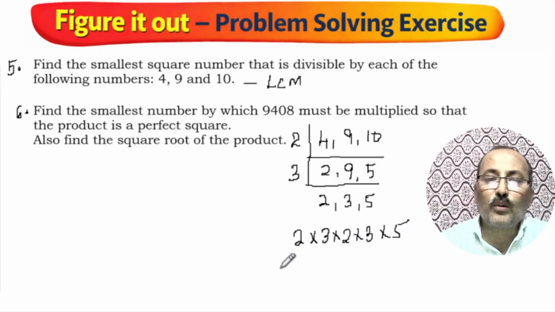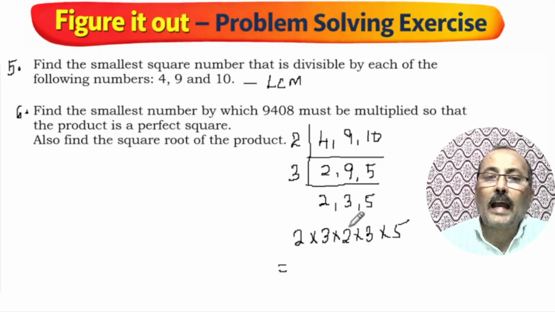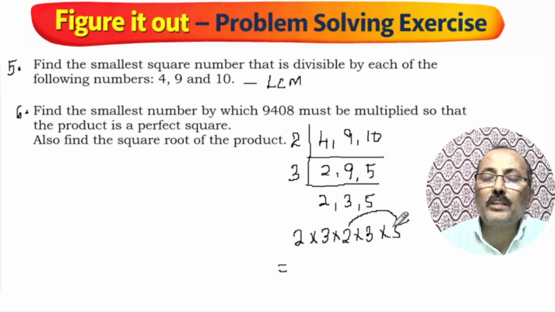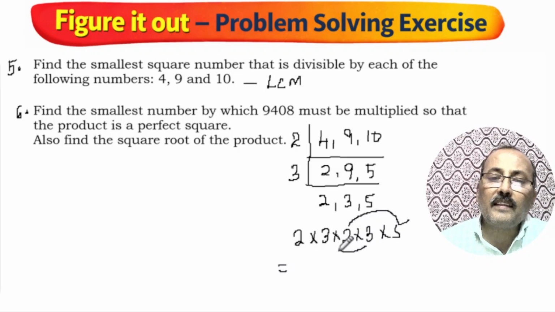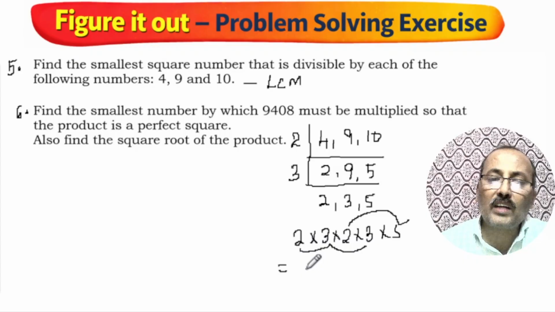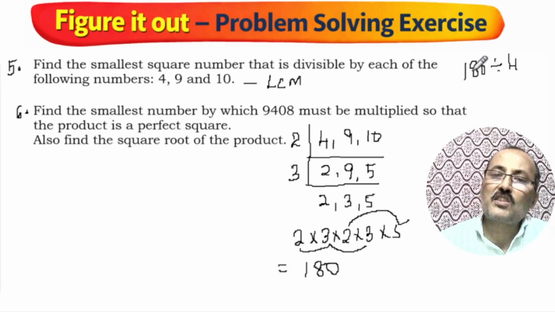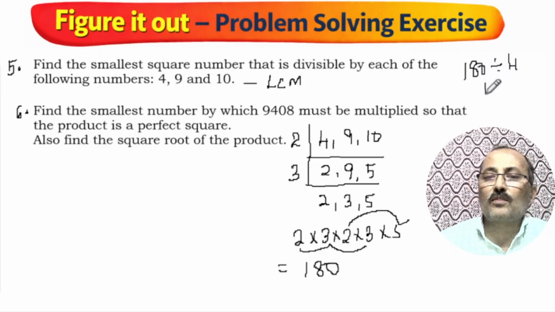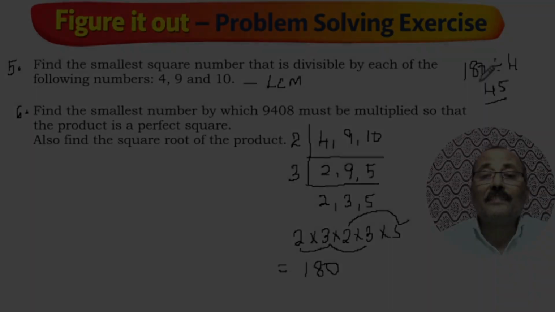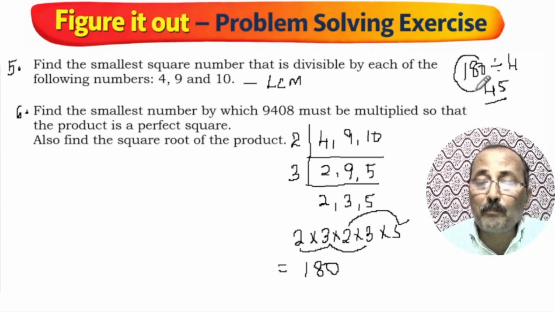I will take 2 and 5, 2 into 5 as 10. 3 threes are 9, 9 twos are 18, 18 into 10 is 180. Now 180 is divisible by 4. Yes, 4 fours are 16, remainder 20, 4 fives are 20. So the number is 45. This is the smallest number.